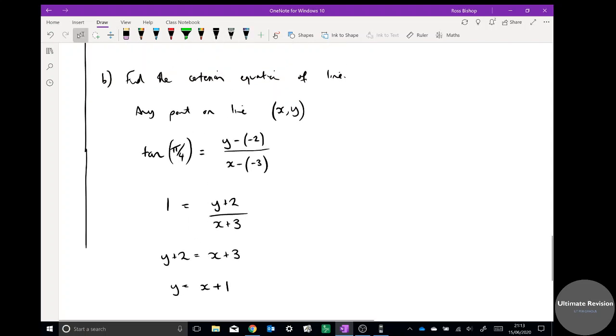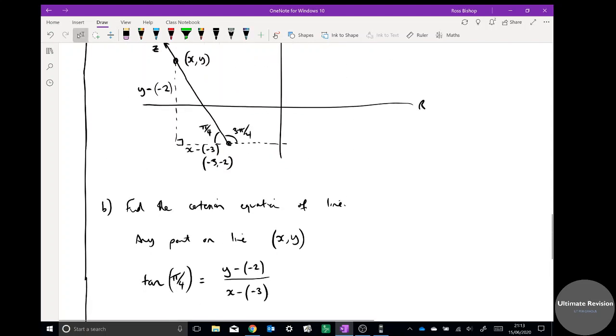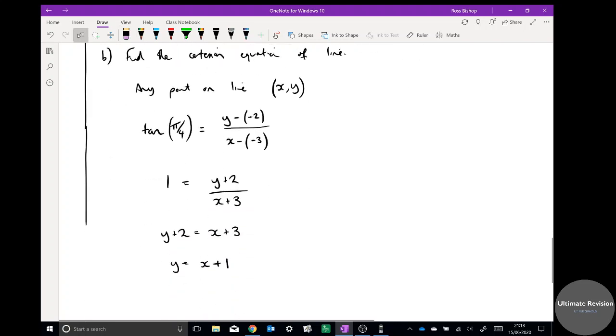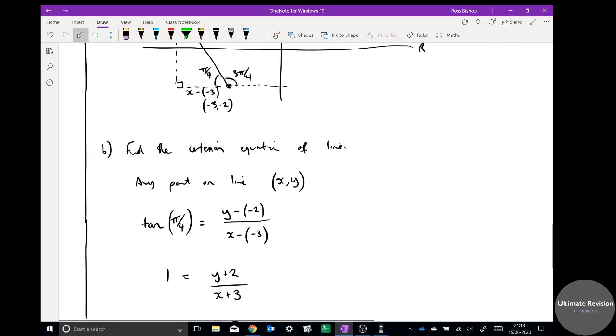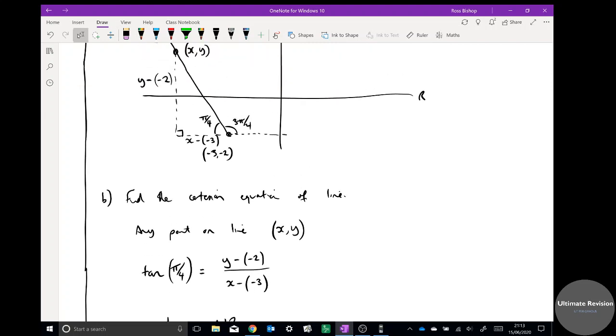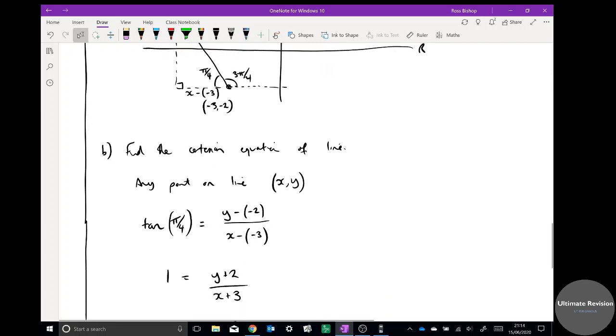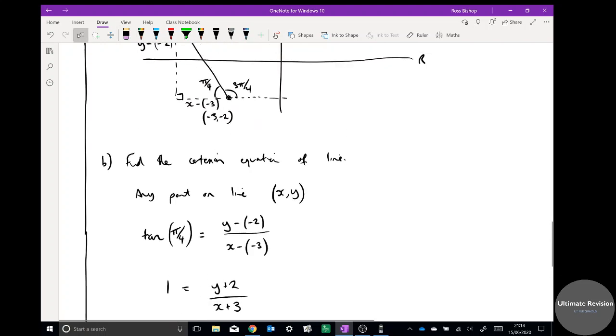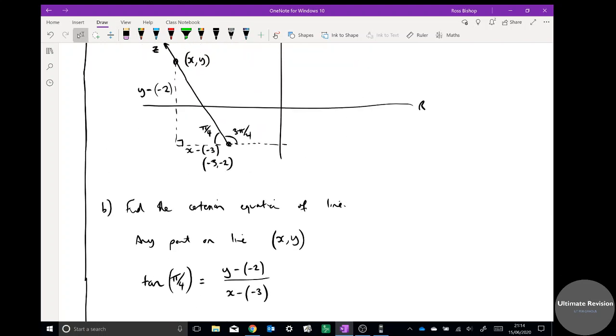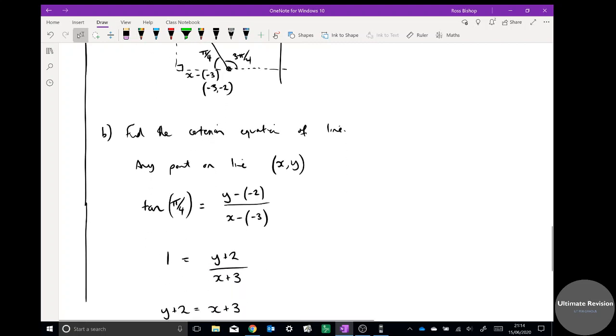Now, I've got to be careful here because the gradient is actually sloping. So I've got to be a little bit careful here because, let me just see what I've done. So the rise is y plus 2 and the run is x plus 3.